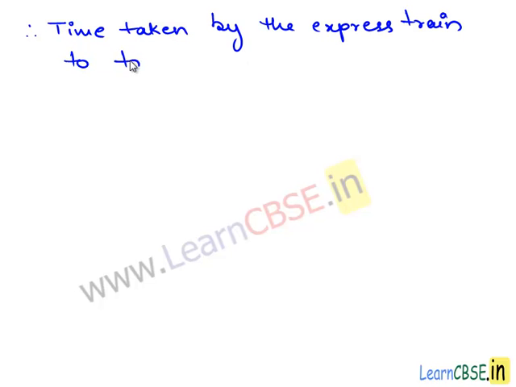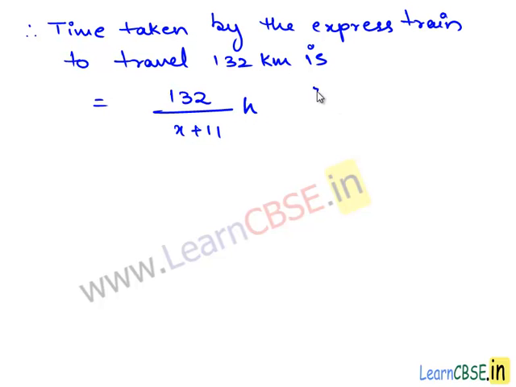So now let us calculate the time taken by the express train. The time taken by the express train to travel 132 kilometers is 132 divided by x plus 11 hours. It's because of the same thing, that is, time is equal to distance by speed.